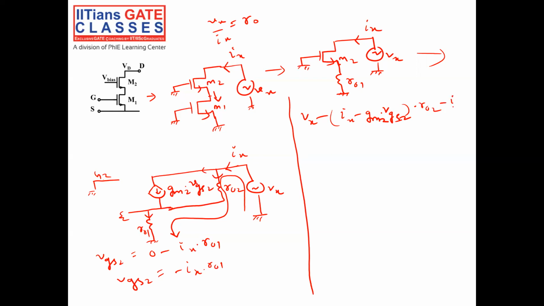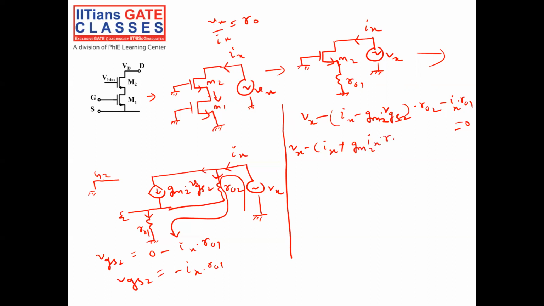So Vx minus (Ix minus gm2 VGS2) R02 minus Ix R01 is equal to 0. gm2 VGS2 is nothing but minus Ix into R01. So it will be plus gm2 Ix R01 into R02 minus Ix R01 is equal to 0.